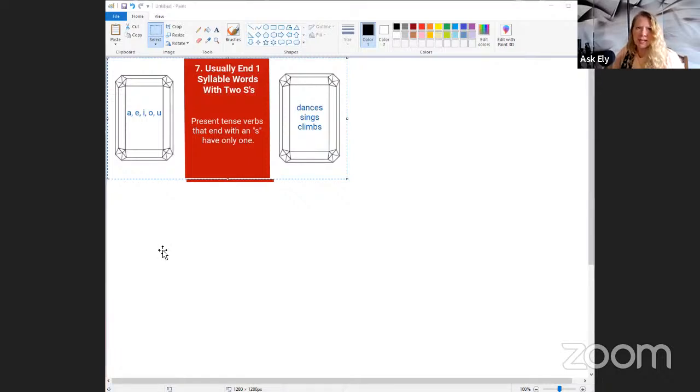The present tense verbs that end with an S only have one. So now remember, a verb is action. Something that you can do, right? So we have words like dances, sings, climbs, right?